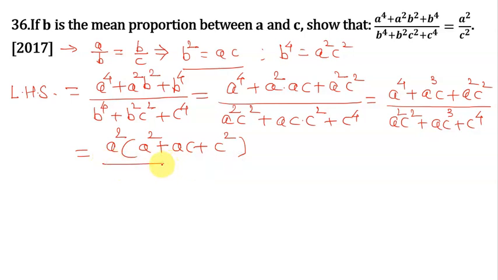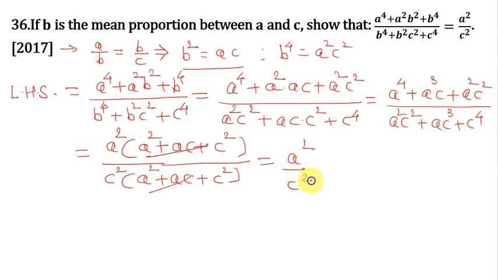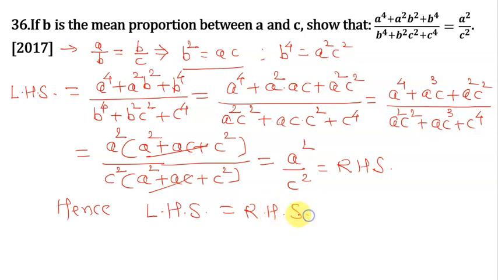In the denominator, C square is common. Then in the bracket you will have A square plus AC plus C square. Now these two terms will get cancelled. Then you will have A square upon C square, and that is equal to RHS. Hence LHS is equal to RHS, and hence it is proved.